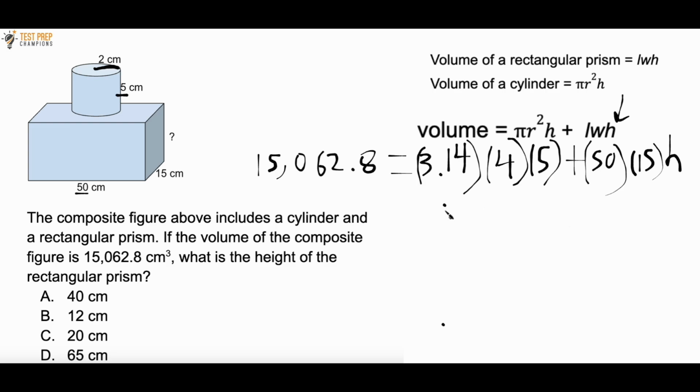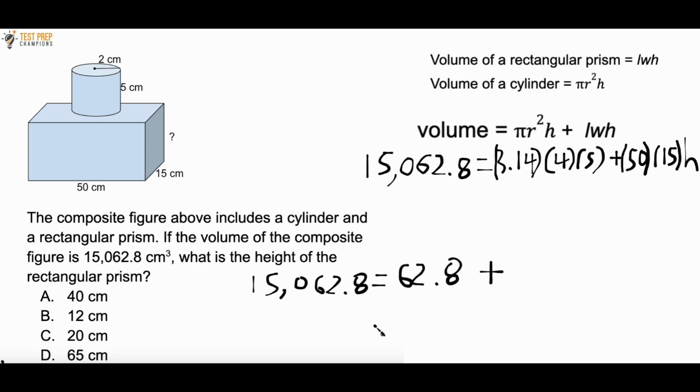In my calculator, I'm going to do 3.14 times 4 times 5. When I do the calculation, I get 62.8. Now I want to do 50 times 15, and in my calculator, that gives me 750. All I did here was 3.14 times 4, and this 4 came from the radius. The radius of the cylinder is 2, and the formula calls for r squared, so I did 2 squared, which gave me 4.